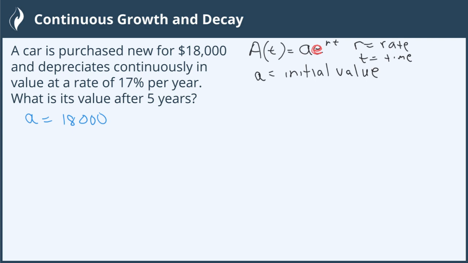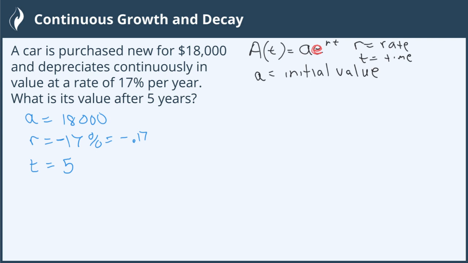That's the only reason I don't use them. e is a value that's put in your calculator, so we don't need to worry about that one. r in this case is 17%. It's depreciating, so it's a negative 17, and then we change that to a decimal, so it's negative 0.17. The time for this one is 5 years, so we put 5.